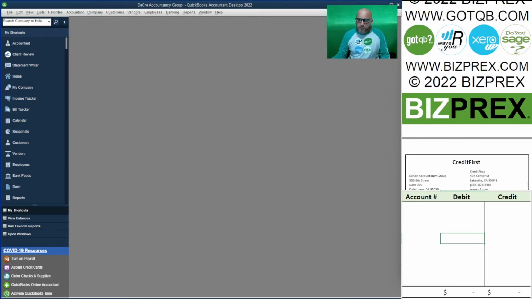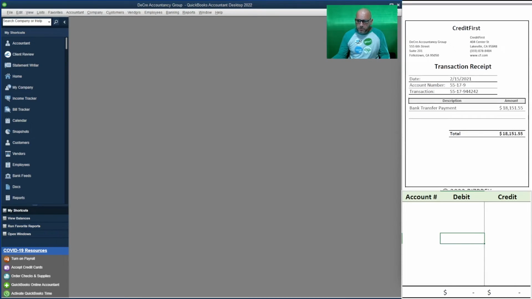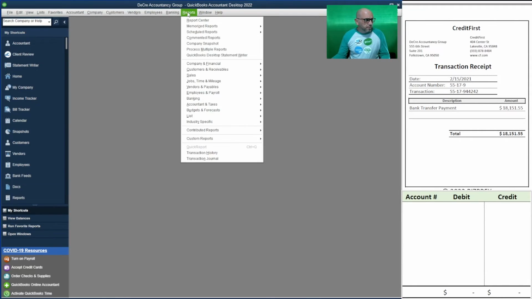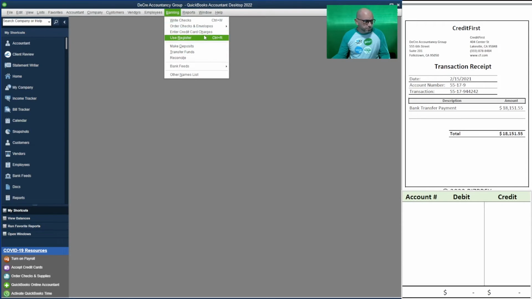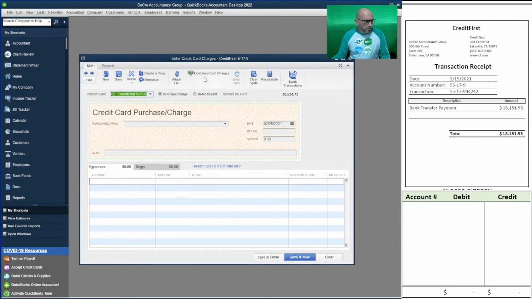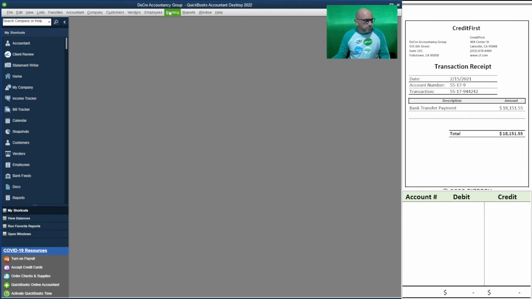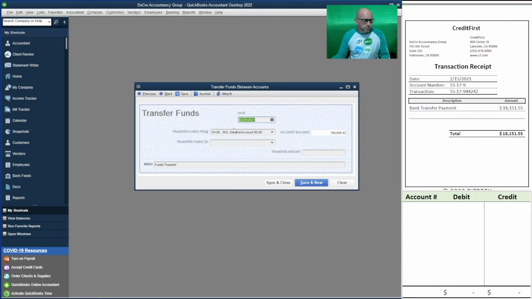Now we're going to make a payment, right? Because we owe some money on our credit card, we're going to make that payment. And again, let's see. We can do it through transfer funds. We've shown different ways to do it. Do it through this one.